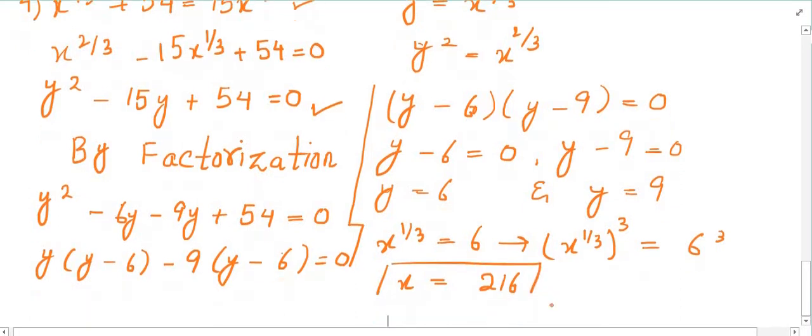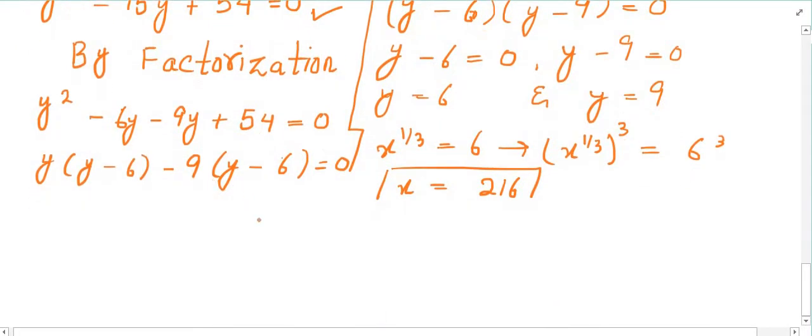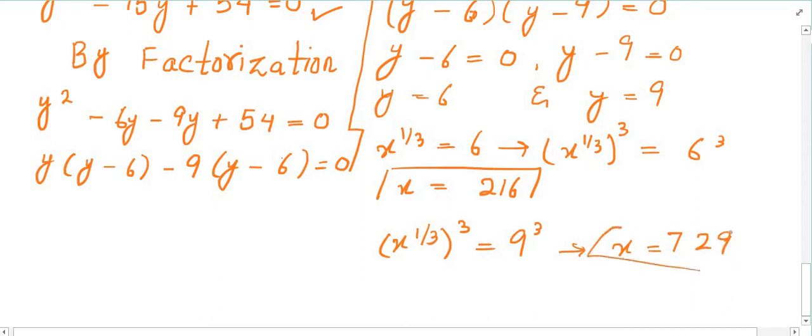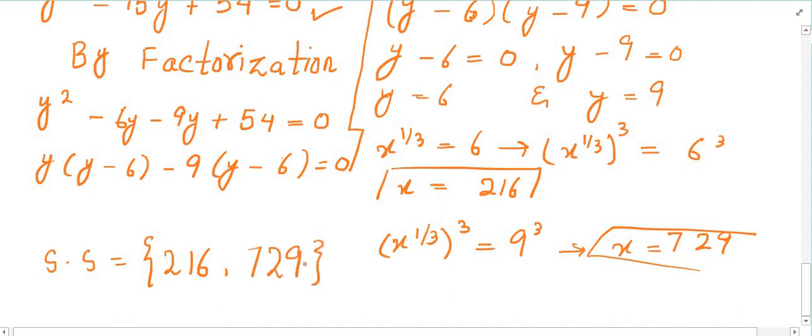Now what about y equals 9? x^(1/3), take cube, equals 9 cubed. This becomes x equals 9 cubed, which is 729. So the solution set is 216, 729. These are the roots for the given equation.